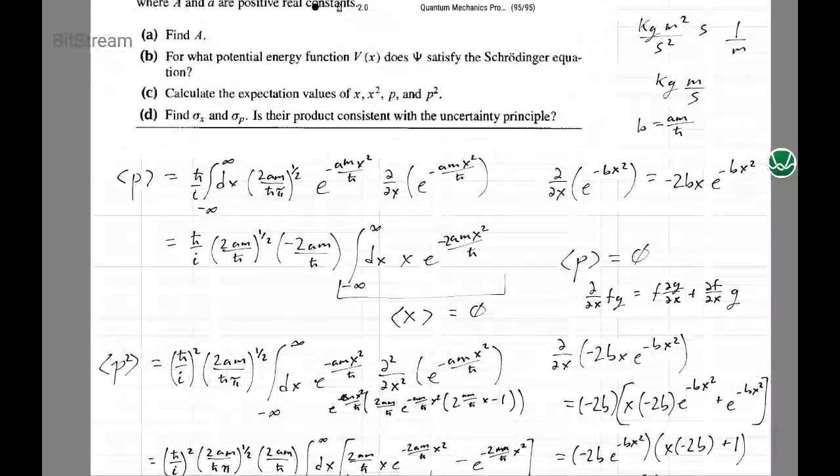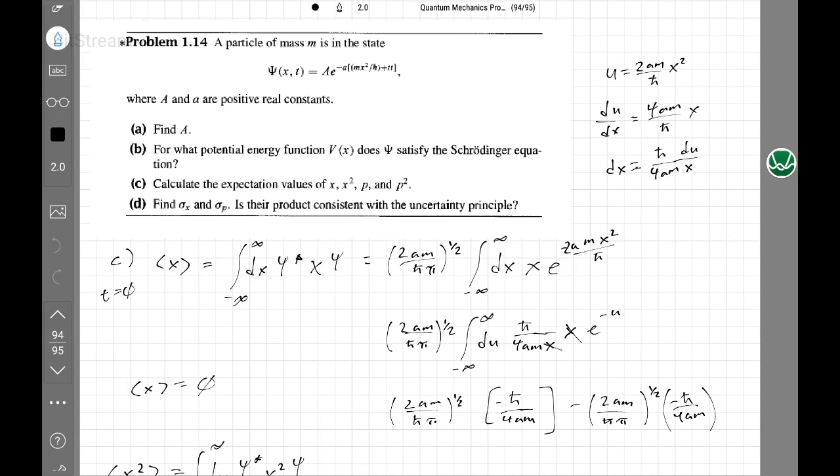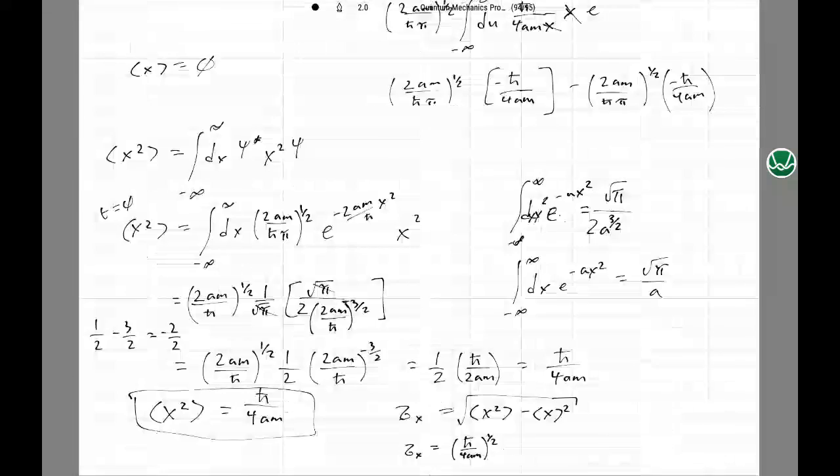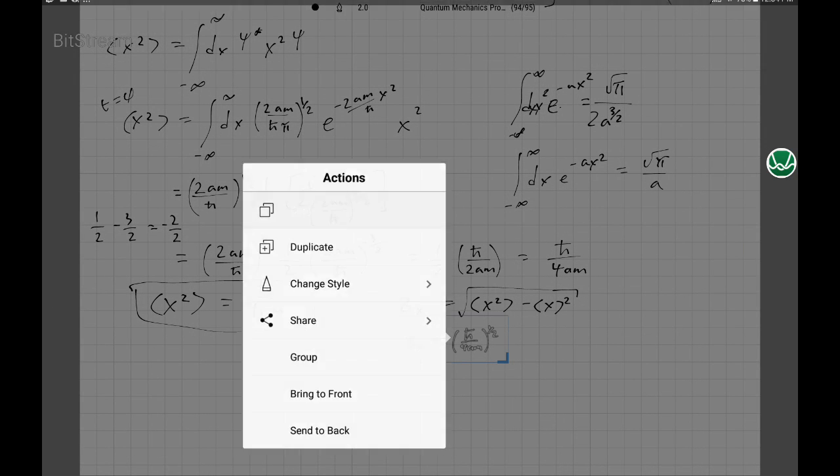And the reason we did that was so that we can do D, which is, you know, the uncertainty principle. So I already forgot this one. Let's go ahead and copy that over.